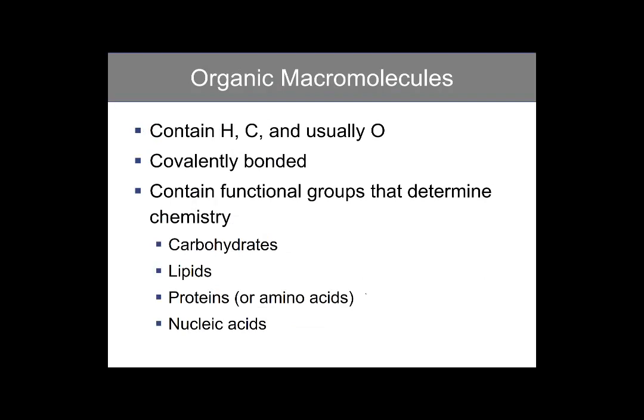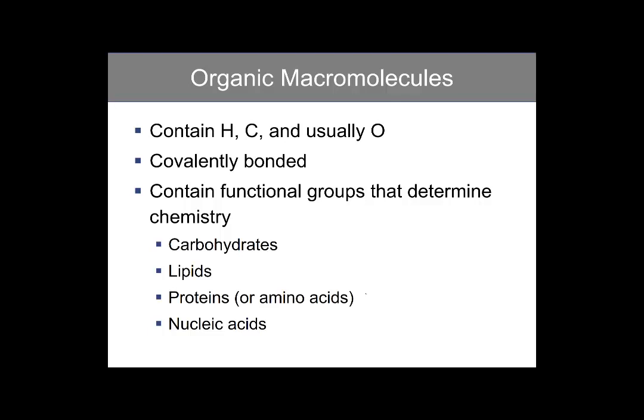Organic macromolecules. Organic macromolecules contain hydrogen, carbon, and usually oxygen, covalently bonded. In addition to these elements, we often find a number of functional groups that ultimately determine the chemistry.